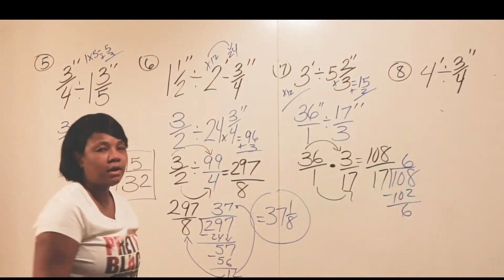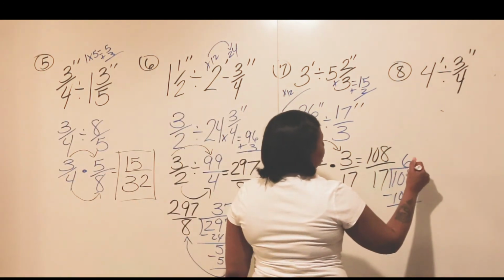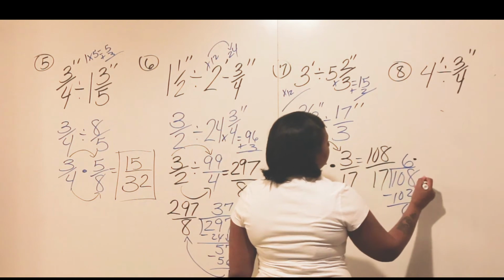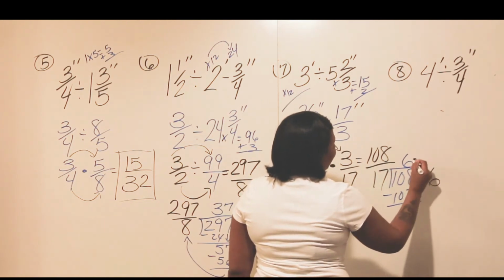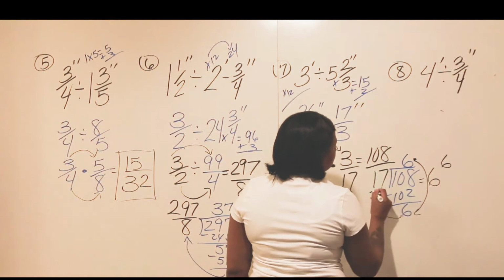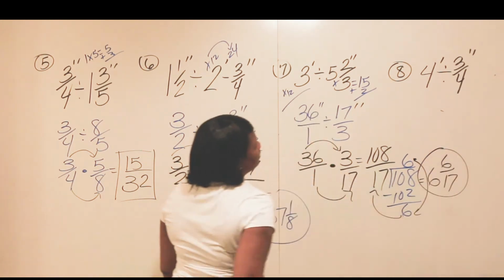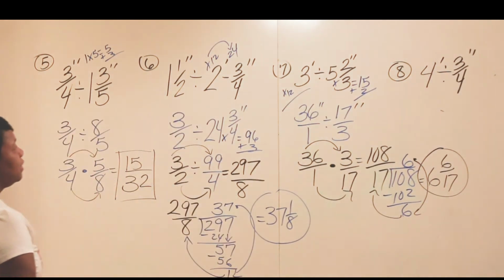So there's my whole number 6, and 6 over 17 is the denominator. Always ask, can you reduce? No. And that's your final answer. 6 and 6/17 is just a number.